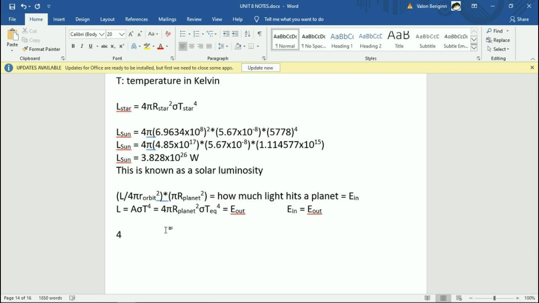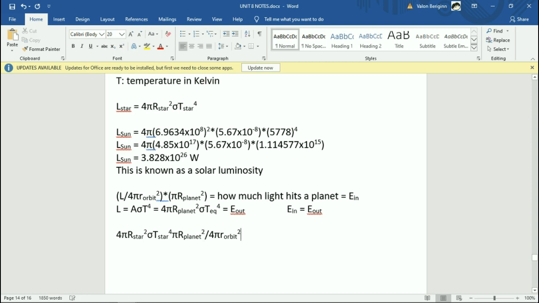So we have 4 pi r star squared times sigma times T star to the 4th, all of that divided by 4 pi r orbit squared. All of that is now times, so I'm just going to put it in right here, pi r planet squared.